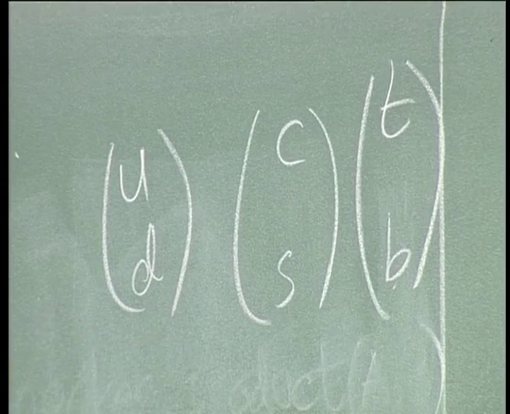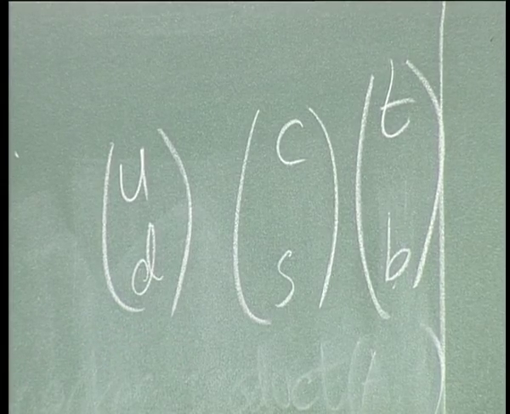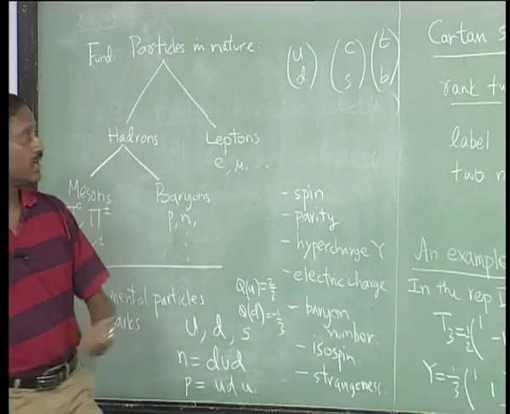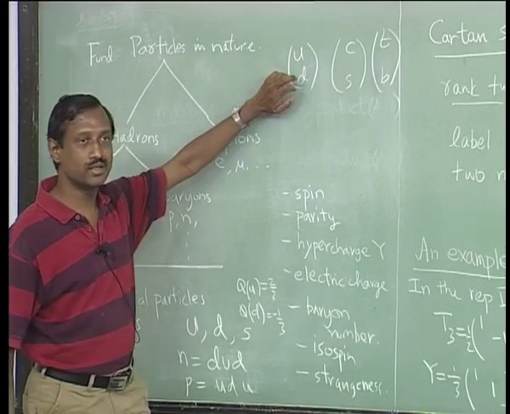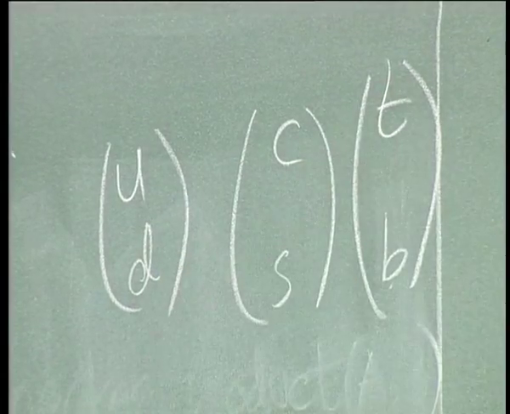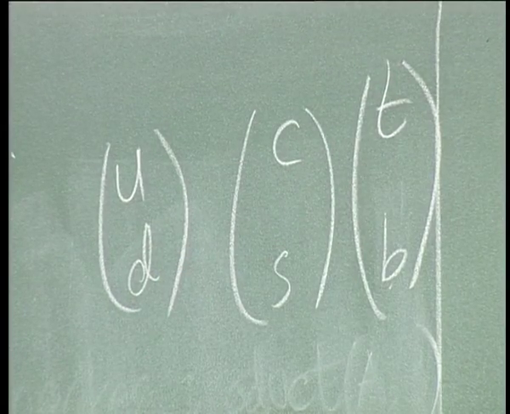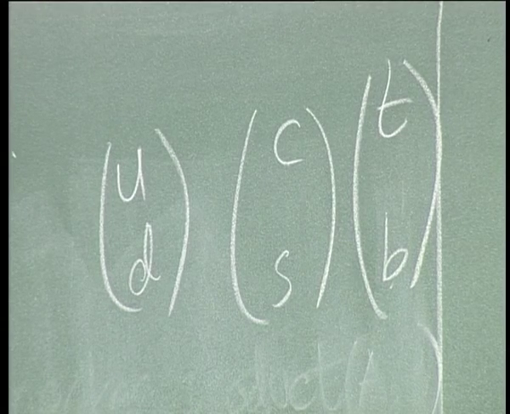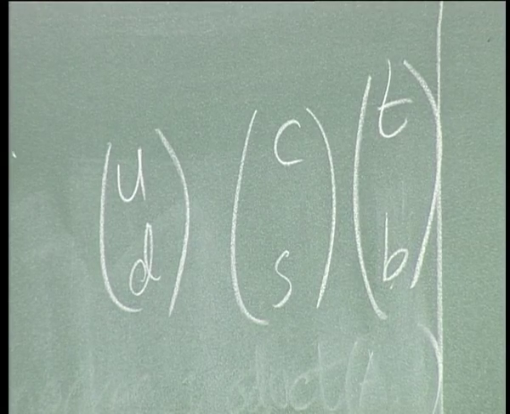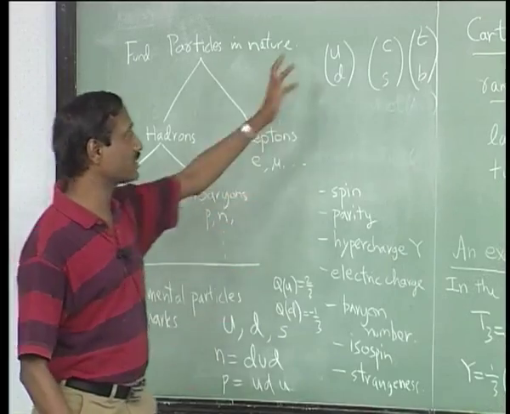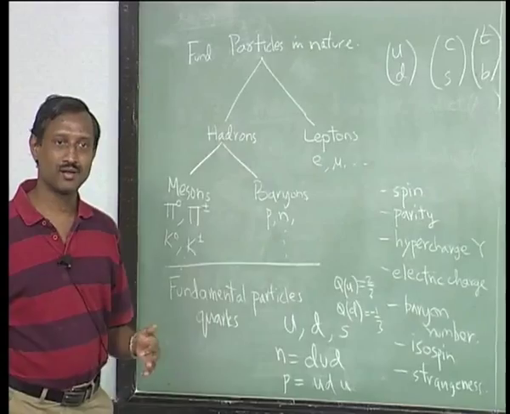If you ask in terms of their masses, the lightest are u and d, and as you keep increasing masses it goes s, c, b and t, and t is around 150 GeV or something like that. So obviously it's very massive, more massive than the W boson, and it has many channels to decay.